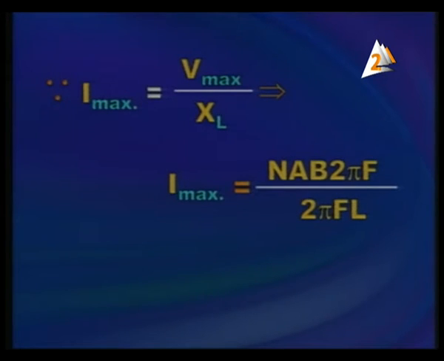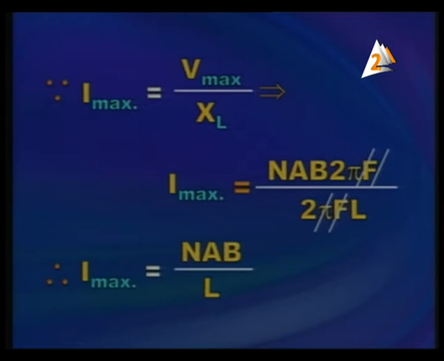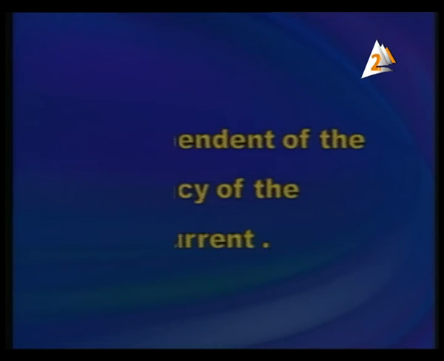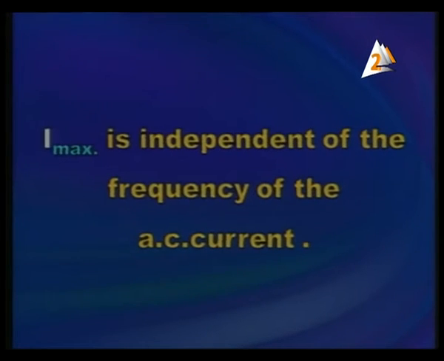So 2 pi F will be crossed out. It is quite clear that the maximum current in case of the pure inductor is independent of the frequency. So it has no effect.